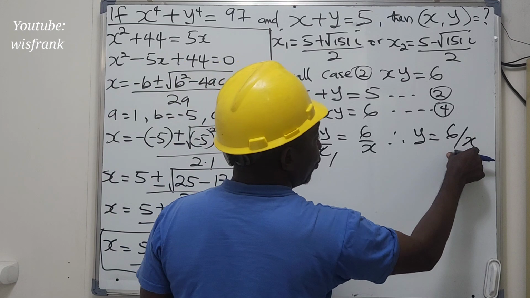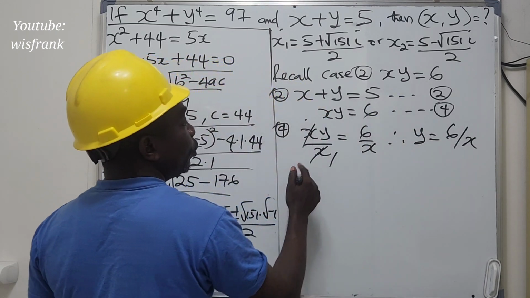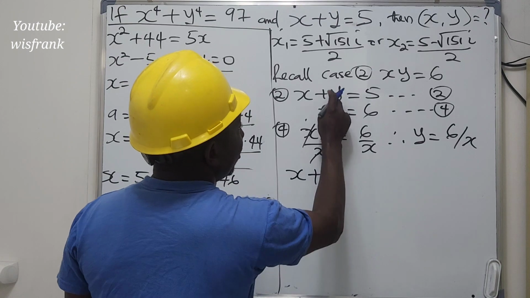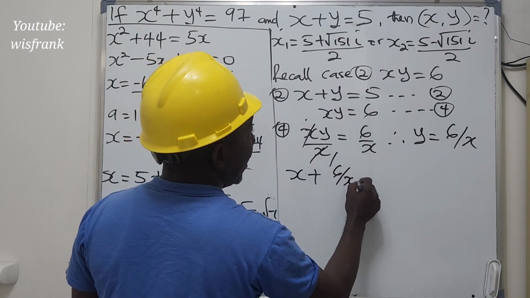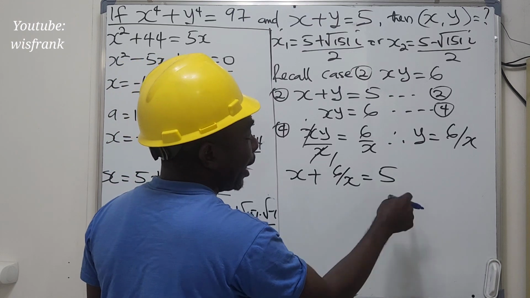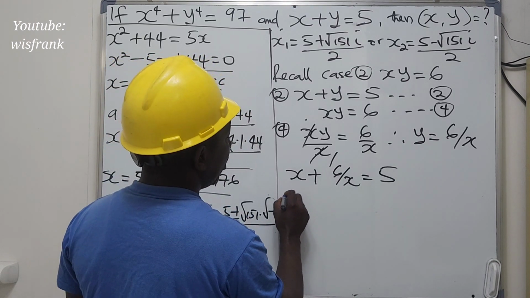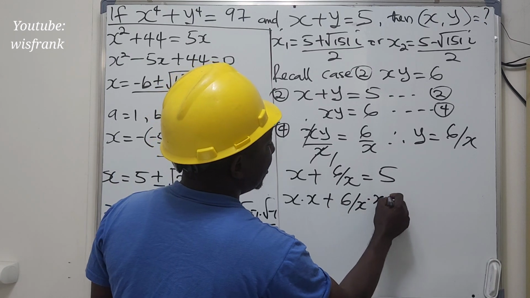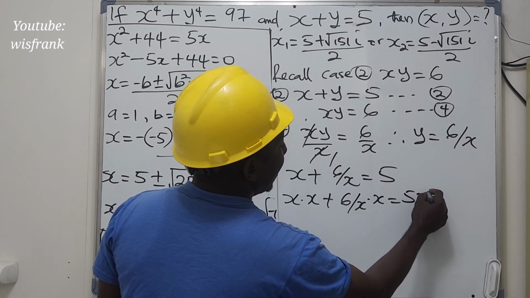So we are going to substitute the value of y into equation 2. So this will become x plus, in place of y, we put 6 all over x, equals 5. So we have a fraction here. We need to multiply all through by x. So this will become x times x plus 6 all over x times x equals 5 times x.